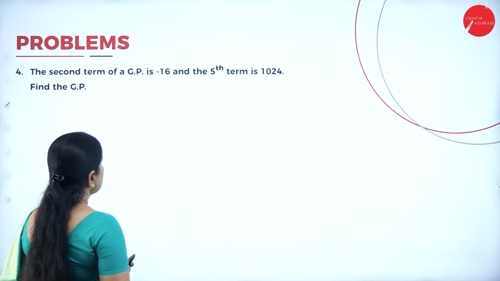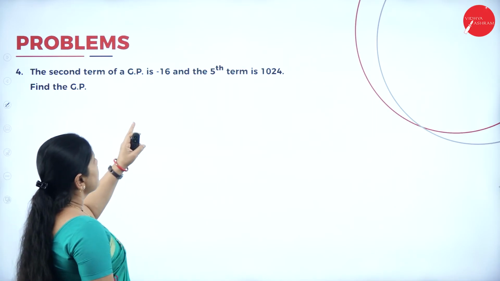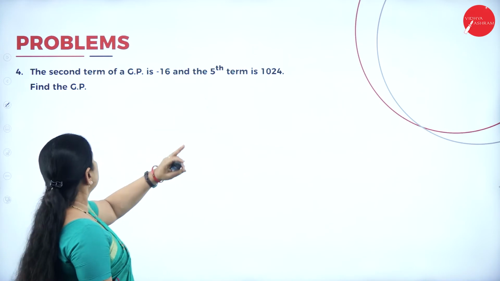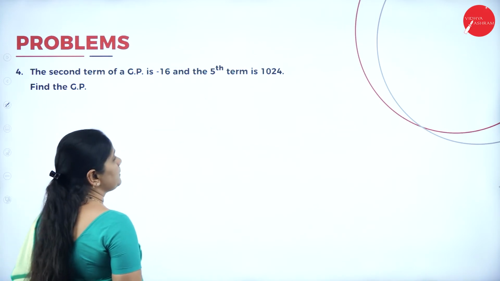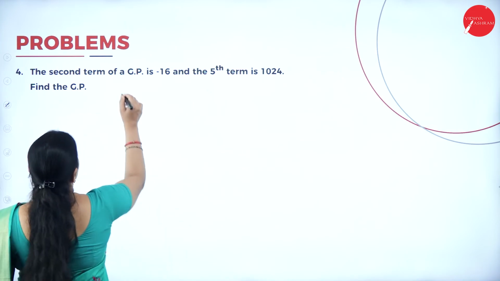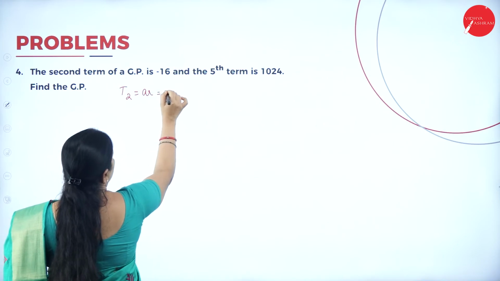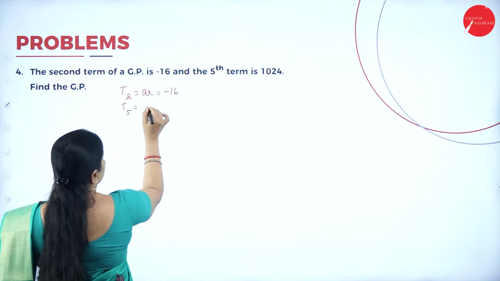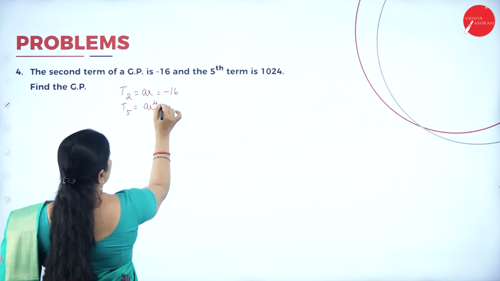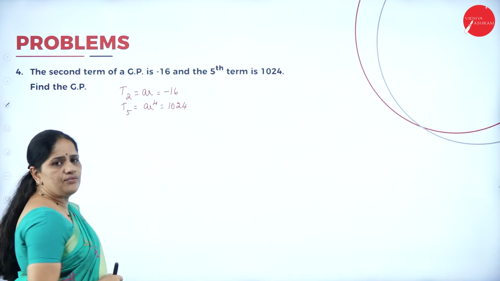Now the next problem here, the second term of a GP is minus 16 and the fifth term is 1024. Find the GP. Now what is given? T2 equals AR equals minus 16. T5 equals AR to the power 4 equals 1024.